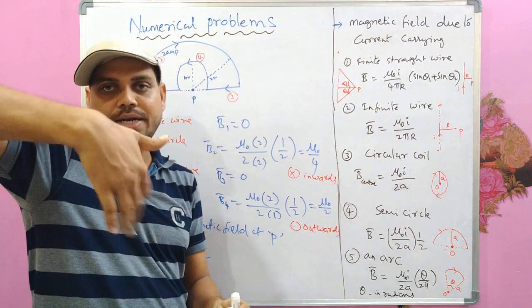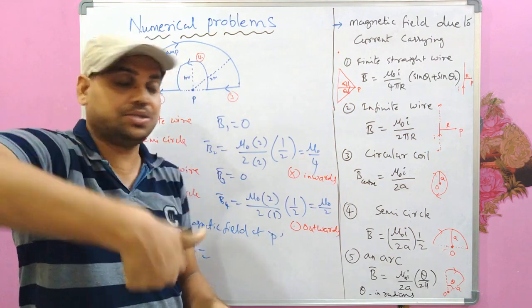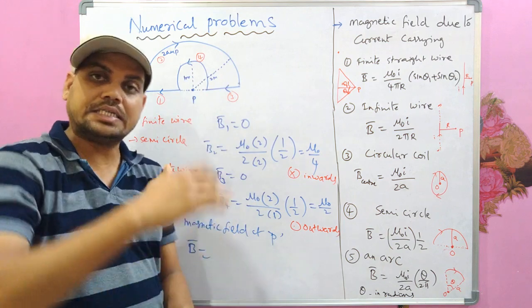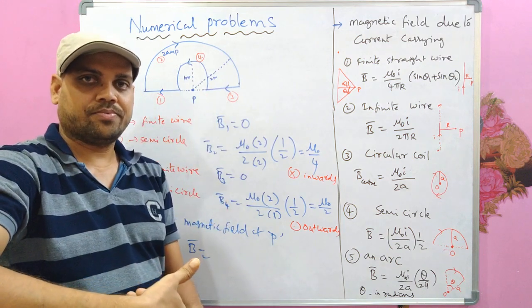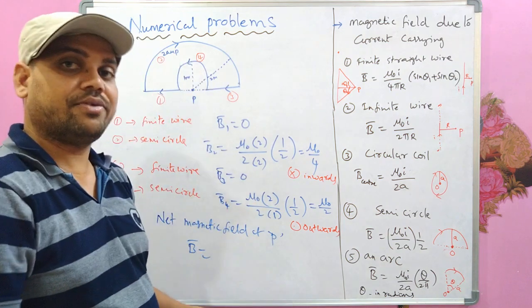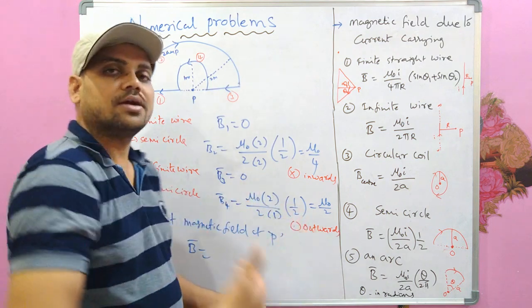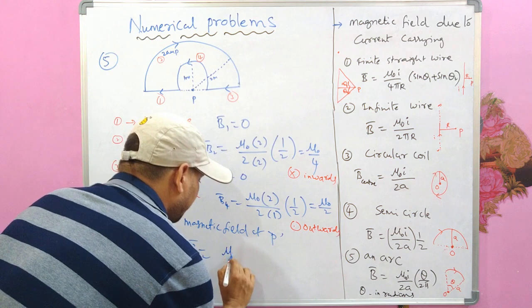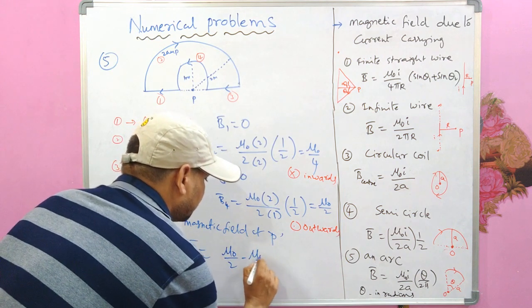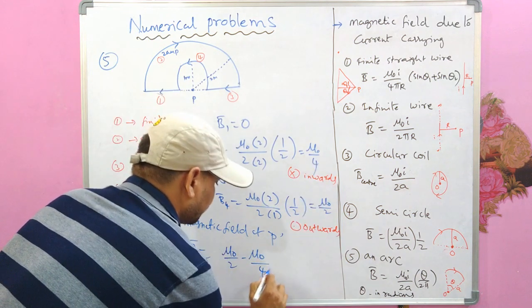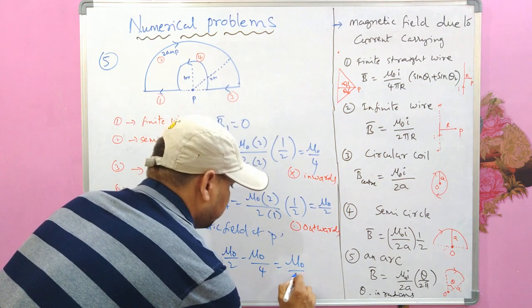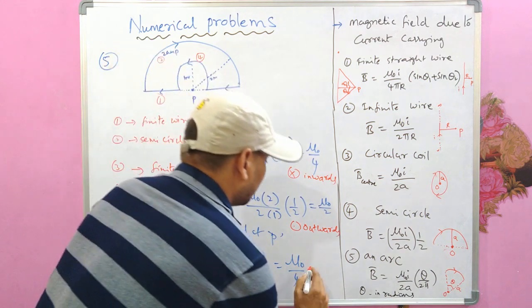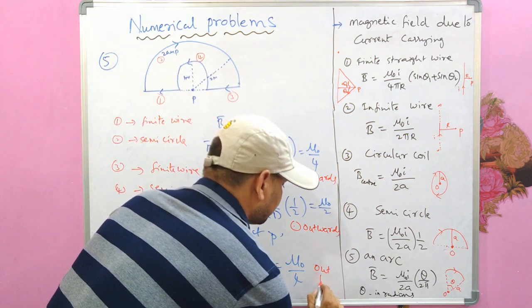So the magnetic field due to the inner semicircle is dominating, so the net magnetic field direction will be outwards, which means it will be mu naught by 2 minus mu naught by 4, which will be mu naught by 4 outwards.